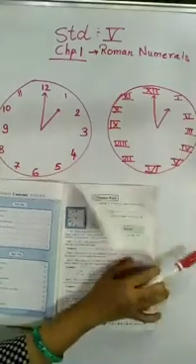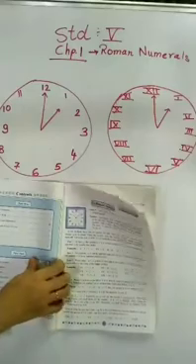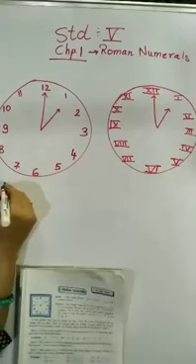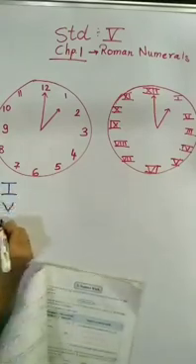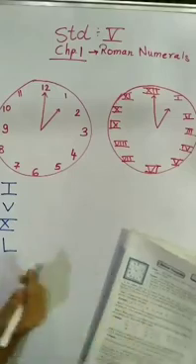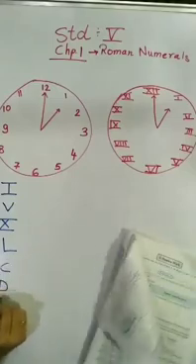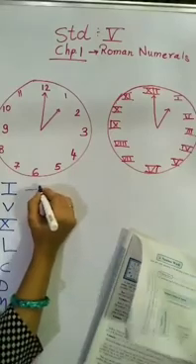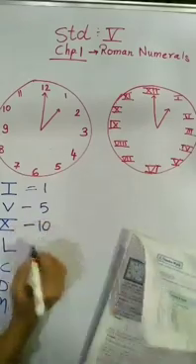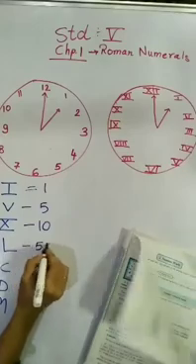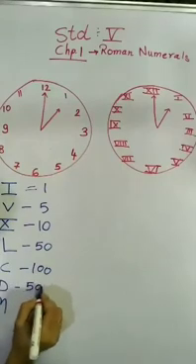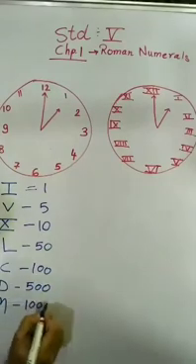Now we can write Roman numerals using 7 English alphabet letters: I, V, X, L, C, D, M. I is for 1, V is for 5, X is for 10, L is for 50, C is for 100, D is for 500, and last, M is for 1000.